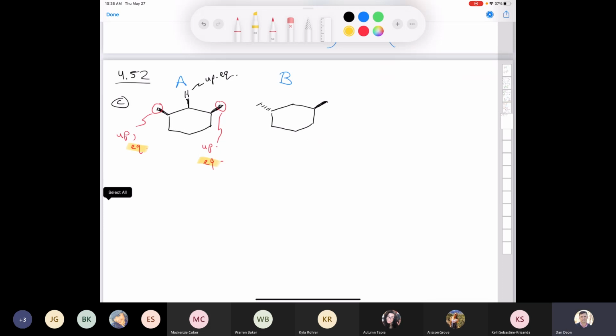So if I move over to B, and let's say we choose this methyl group that was unchanged, if we say that this is up and equatorial, that tells you that the hydrogen here is still up, but it's axial. And that tells you that the hydrogen pointing up here is up and equatorial. So what does that tell you about the methyl group? The methyl group is down and it is axial.